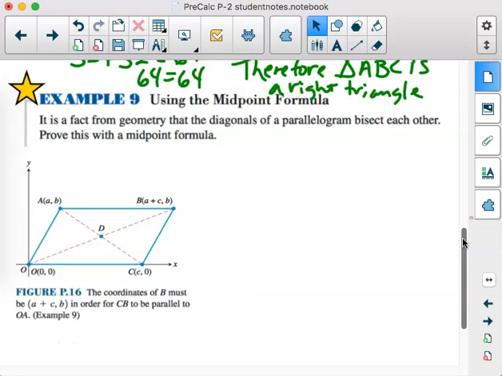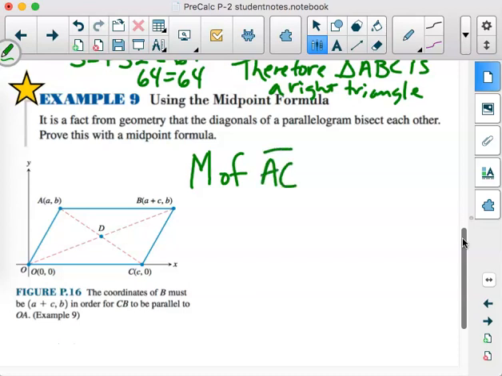So what I have to do is find the midpoints. Capital M of, I'll just go after AC first. Segment AC. Well, that would be A plus C divided by 2, because this is a two-dimensional figure, and B plus 0 divided by 2, B over 2.